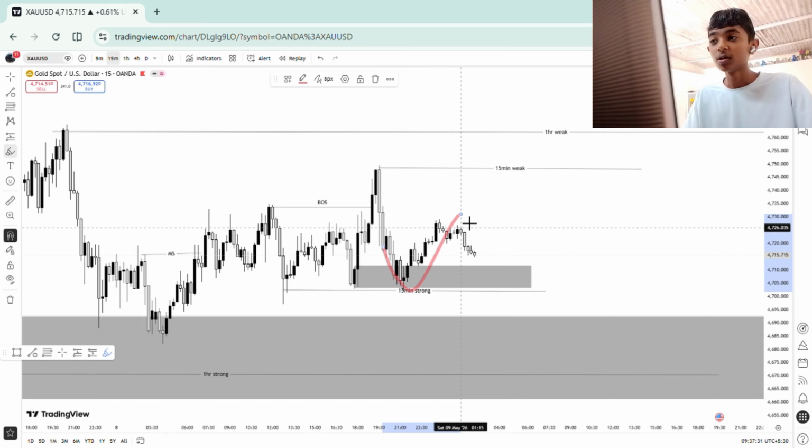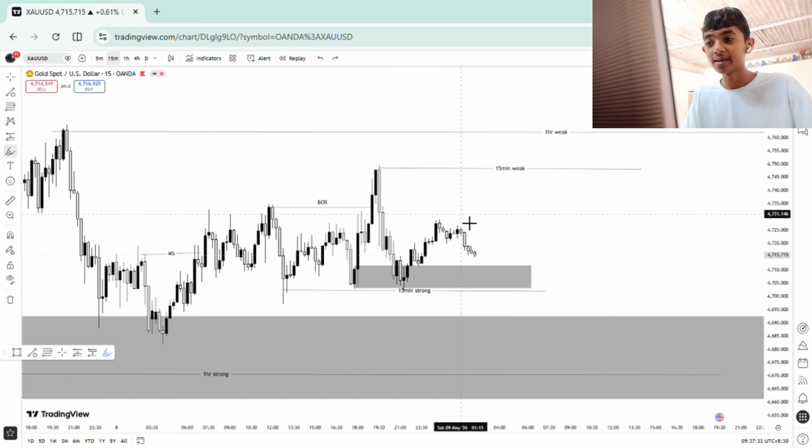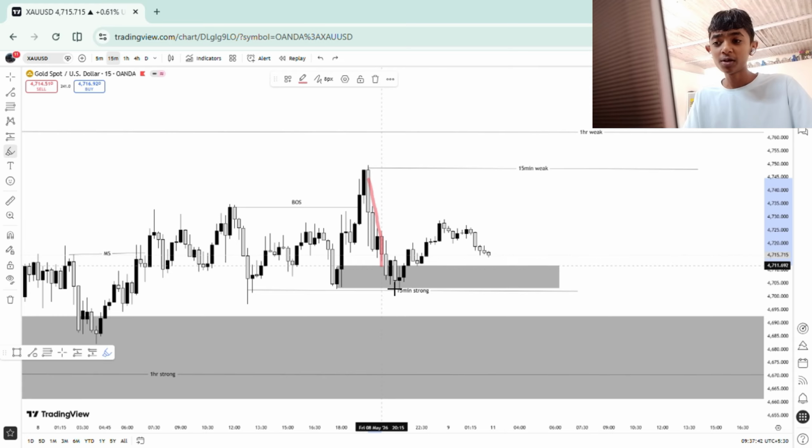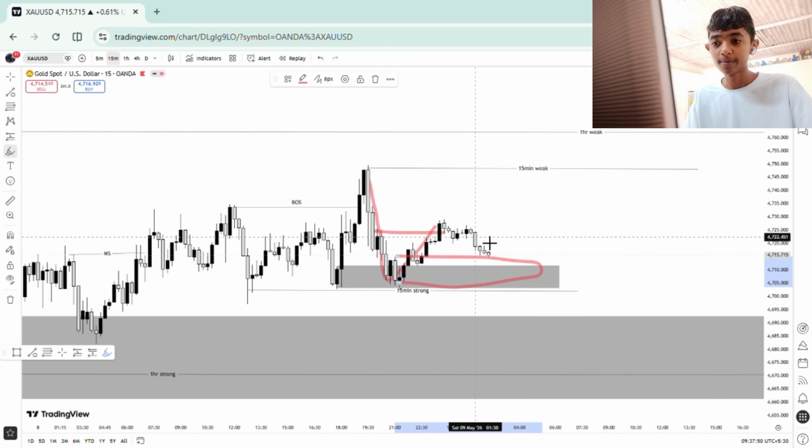Now, for the intraday trader, our plan is that price gave us a fractal market shift to the upside here, and now we want to wait for price to come to this point of interest, give us a liquidity sweep, and then we will enter here.